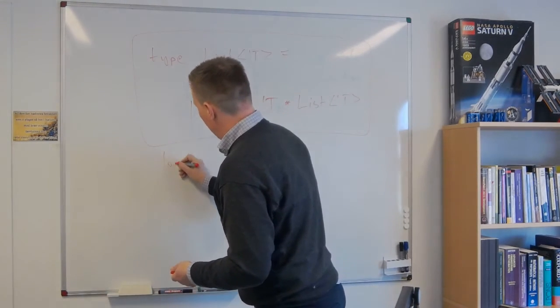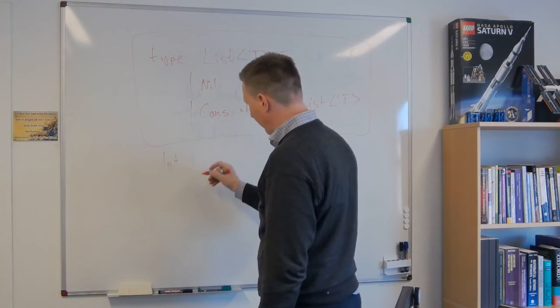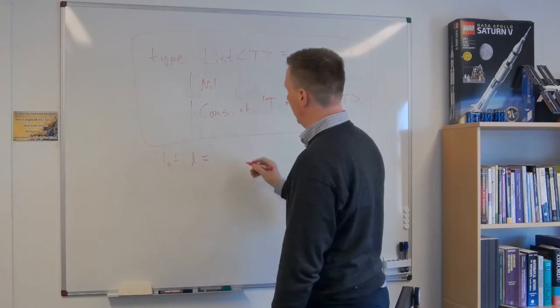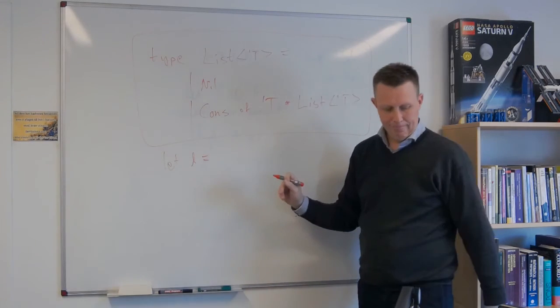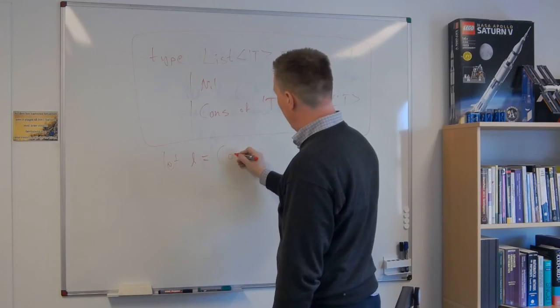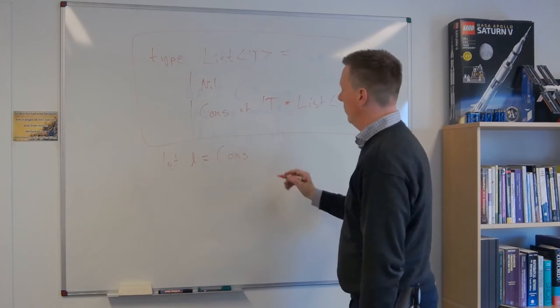So let's see. Let's make a list of integers 1, 2, 3. Let L equals, right? So we have a cons, and it takes a pair.